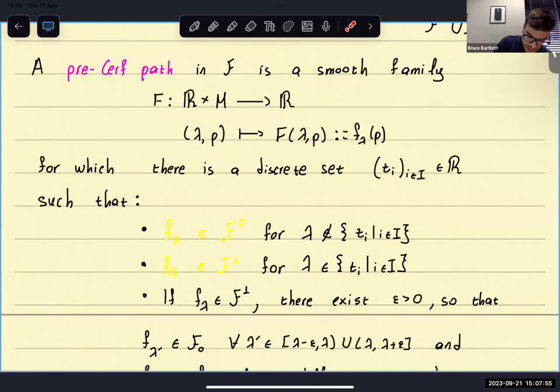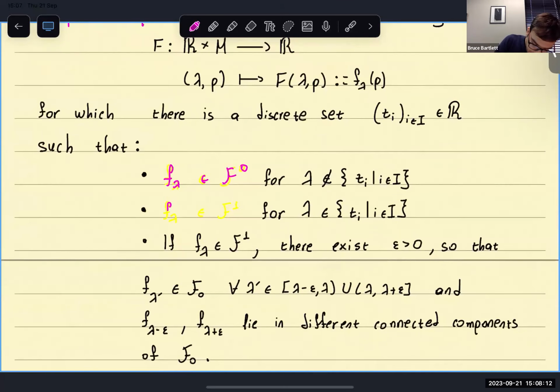So there is a discrete set of times, Ti in a discrete set capital I, such that F sub lambda is an excellent Morse function for all lambda that don't live in this discrete set. F sub lambda hits F1 at the chosen times lambda.